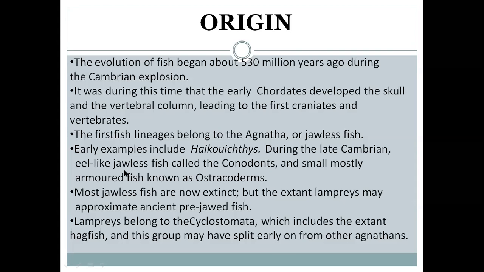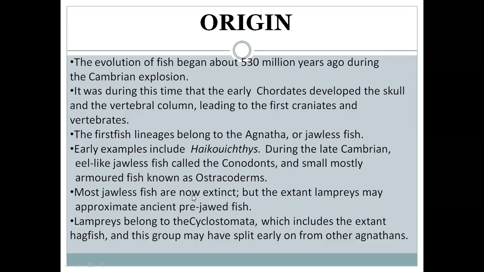In appearance, these conodonts are similar to eel fishes, and they are jawless fishes. And there were some mostly armored fish known as Ostracoderms. So Haikouichthys, conodonts and Ostracoderms are the first vertebrates, the first craniates that originated on planet Earth during this Cambrian explosion.